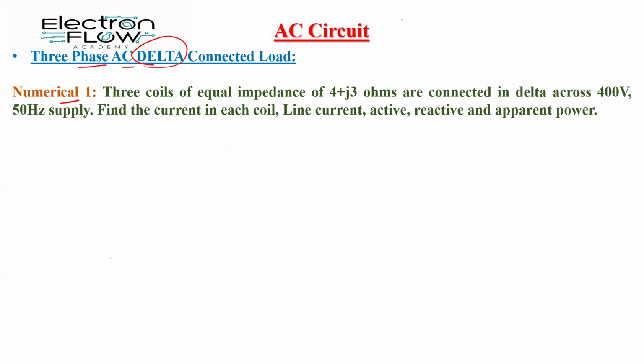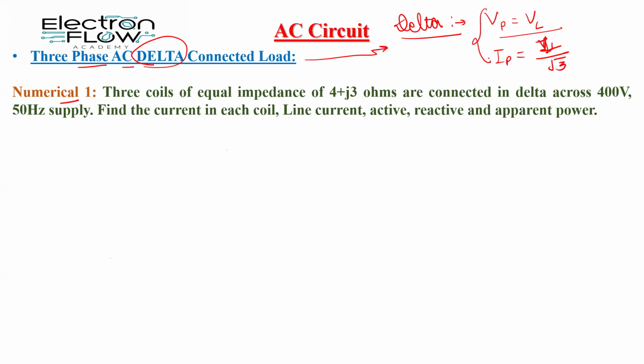Let me clear that in the delta connected load, the phase voltage is equal to the line voltage, and the phase current is equal to the line current divided by root 3. This is the condition for the delta connected load.